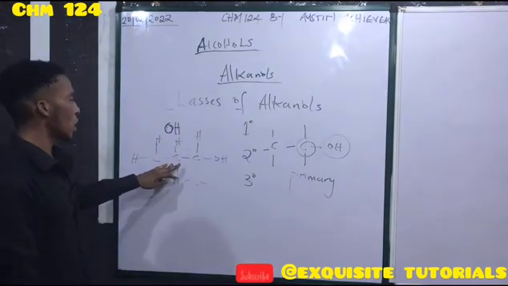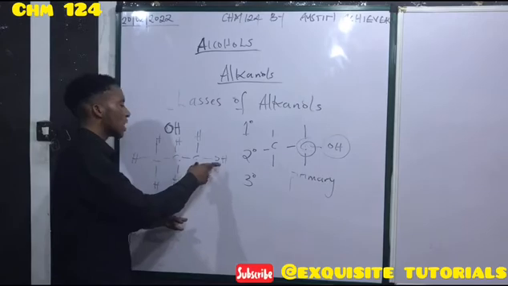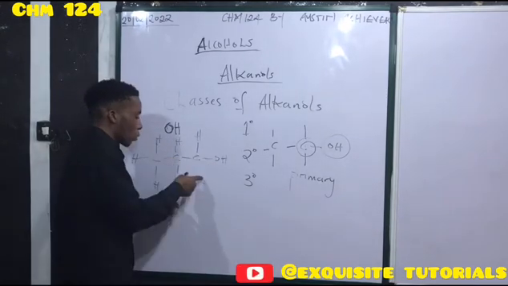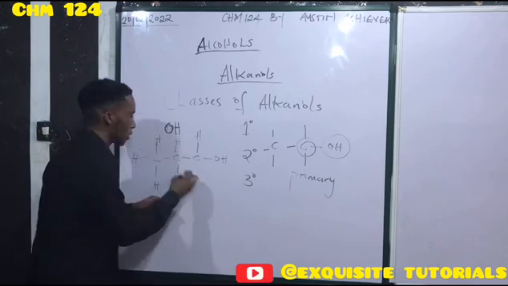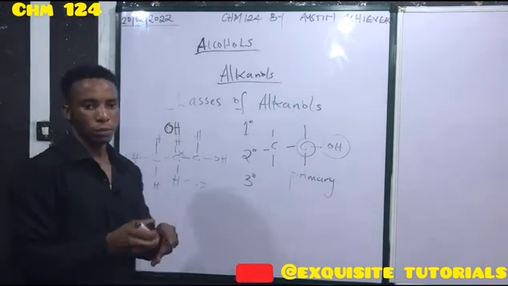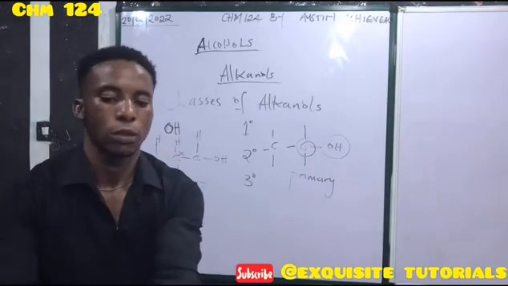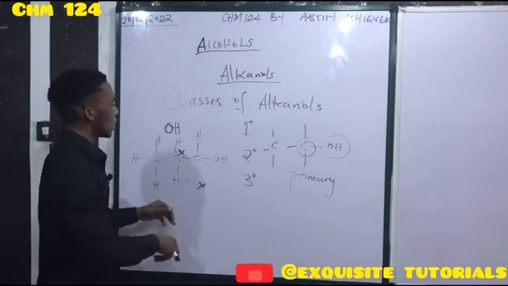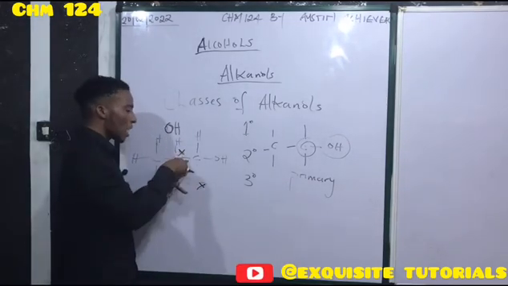Why is it a secondary alkanol? Because it has been attached to a carbon atom that is attached to another two carbon atoms, which is this and this.